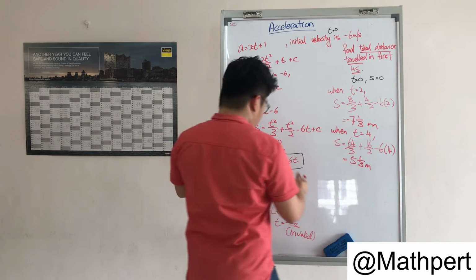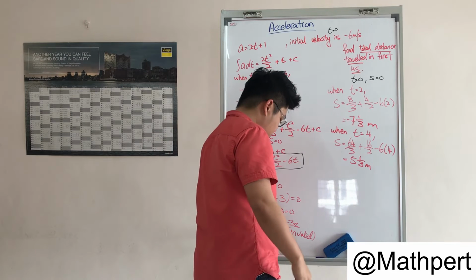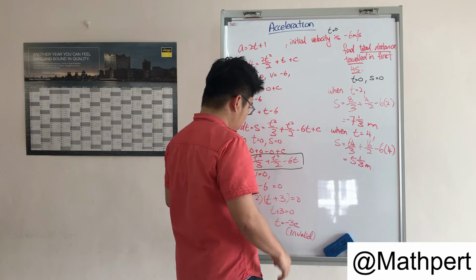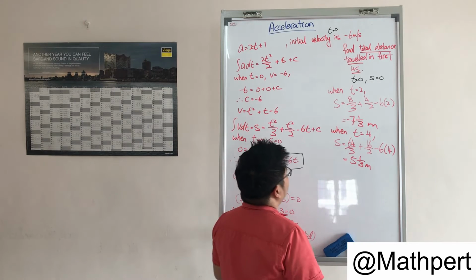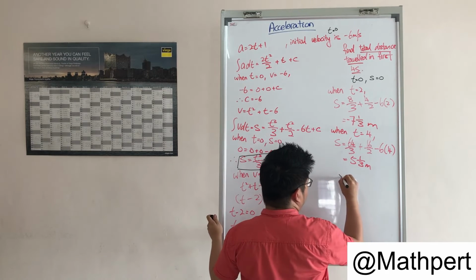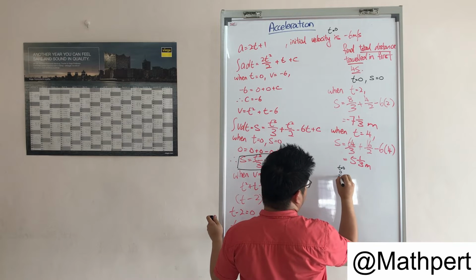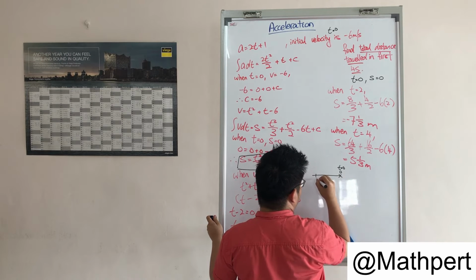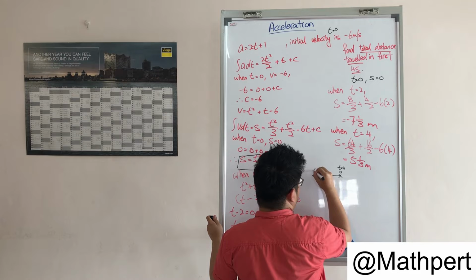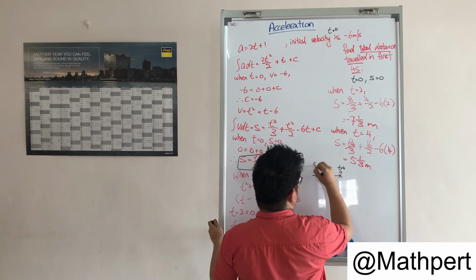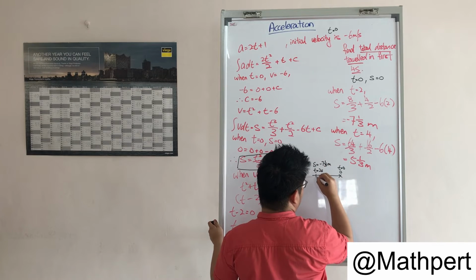So let's draw a graph to make it clearer. This is the origin, t equals 0. So at t equals 2 seconds, s equals minus 7 and 1 over 3 meter.